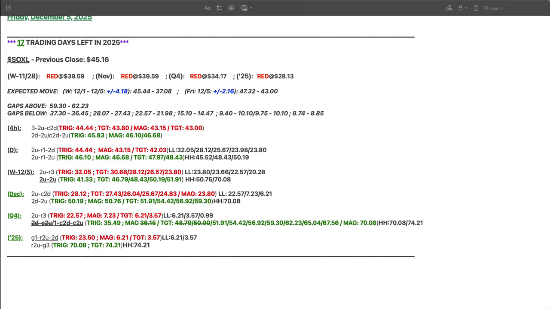But on the month, we are getting closer to that 5019 trigger, but we are inside on the month still. So there still is a possibility of going 2 up, combo 2 down. If we go back and breach 28.12, magnitude for that move is 23.80. But again, we are in an uptrend on the week and month, so we've got some intermediate targets there, because I think we really need some type of catalyst to reach the magnitude of that move.